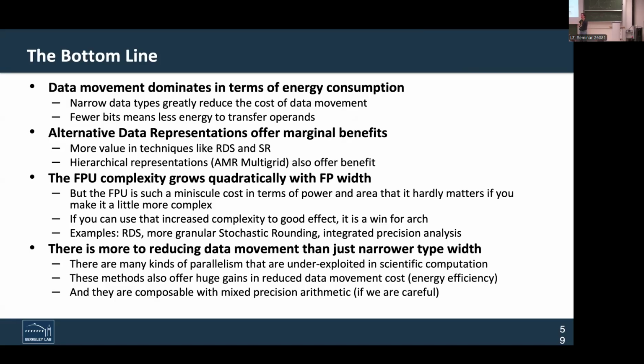DOE has like 30-some procurement benchmarks, and we use these to select machines. Ian basically sat down and went through all those benchmarks and said, if I have 40 teraflops on the B200, then adding more floating point 64 units will not improve my performance enough to make a difference in the procurement. So they stop.